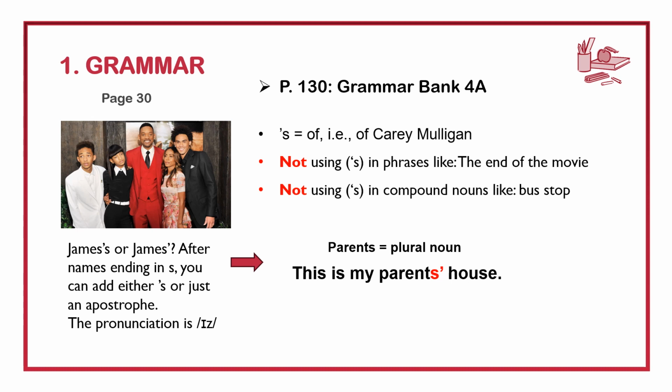Now, there is also a box you can see on this page in part 4a about apostrophe S, whose and who's. So let's start with apostrophe S. It says be careful with apostrophe S. It can be two things, like Maria's mother. So here it's the possessive S, or Maria's Spanish.